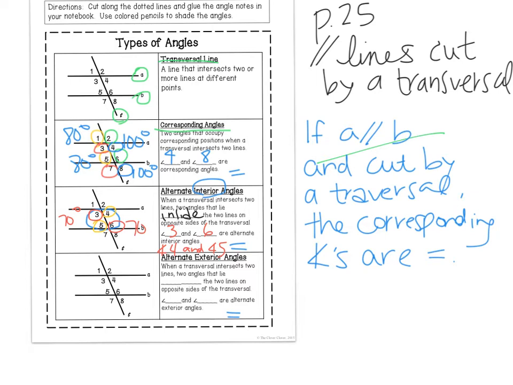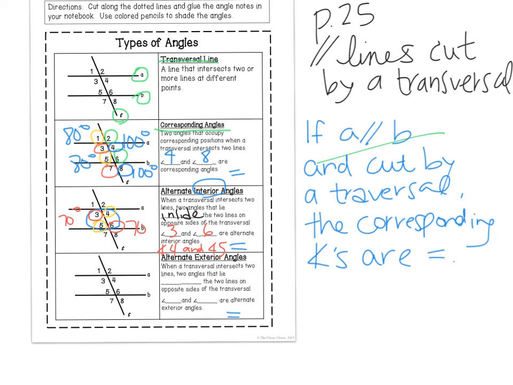All right. Next is alternate exterior angles. And exterior means outside. So we're not looking at these guys, we're looking at everything outside of those guys. So we're looking at 1 and 2 and 7 and 8. Those are alternate exterior angles.